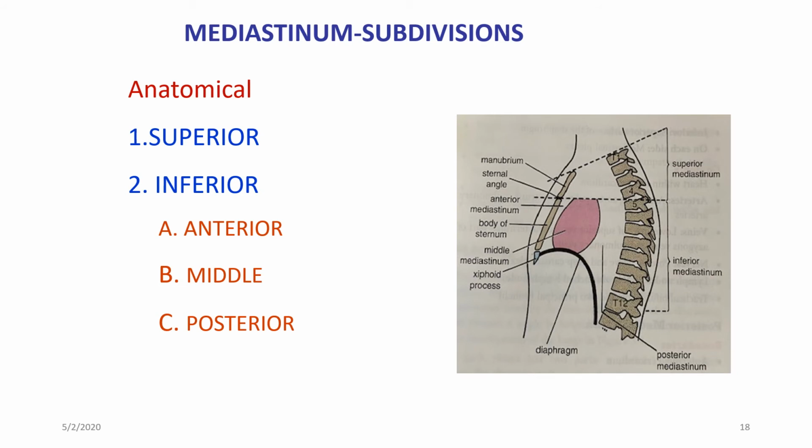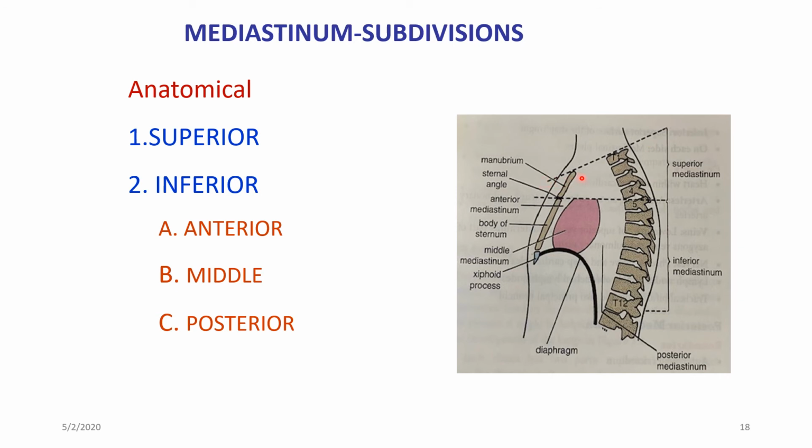Now coming to the subdivisions of mediastinum. It is subdivided into superior and inferior mediastinum by means of two imaginary planes, and the upper imaginary plane is at the inlet of the thorax.